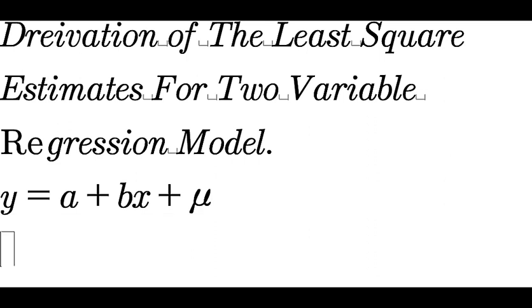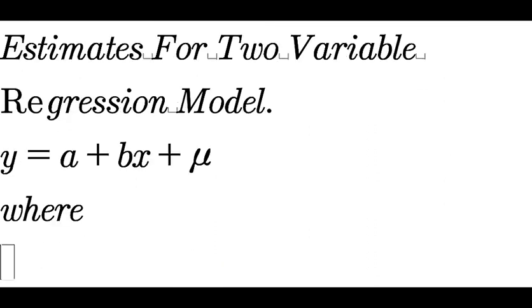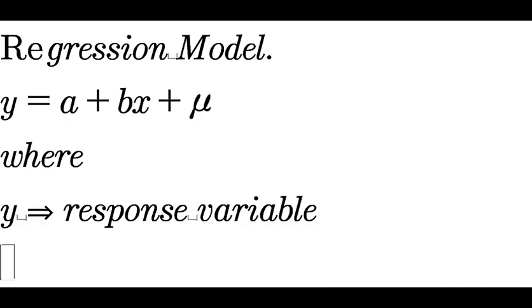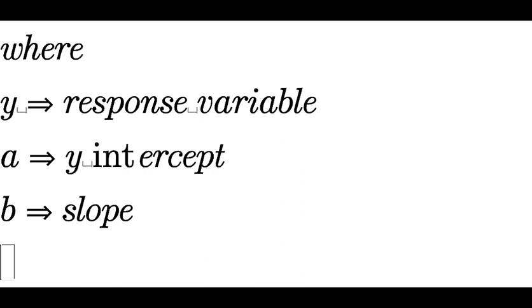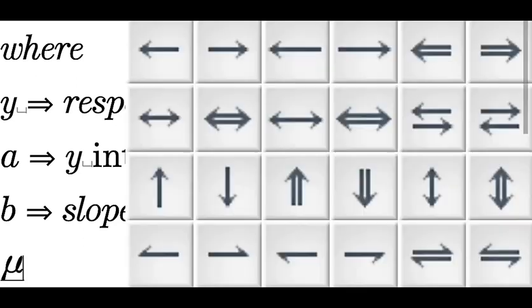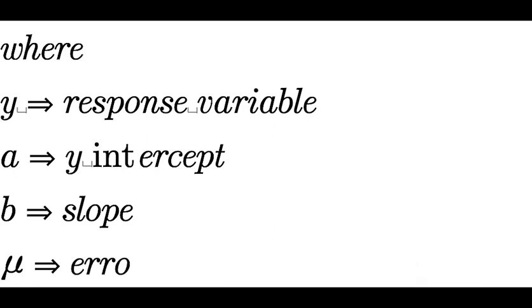Let us define this, where y implies the response variable, a implies y-intercept, b implies slope or gradient, mu implies the random variable or error term.